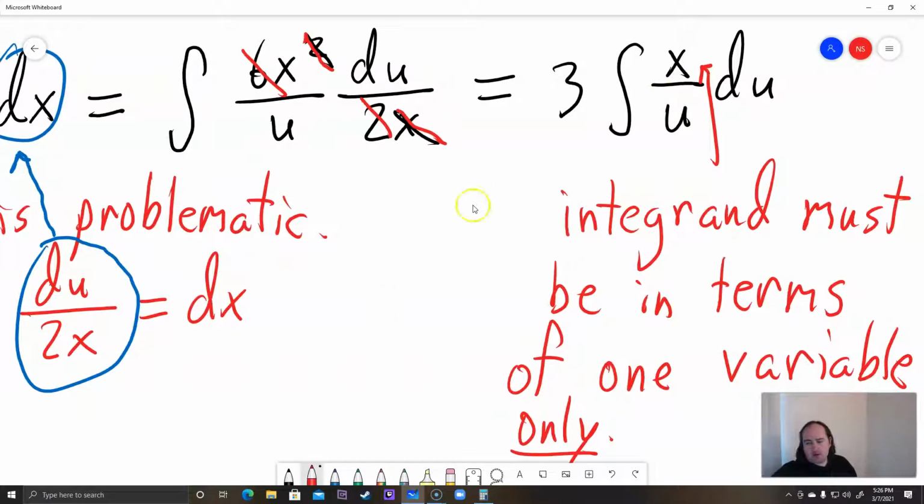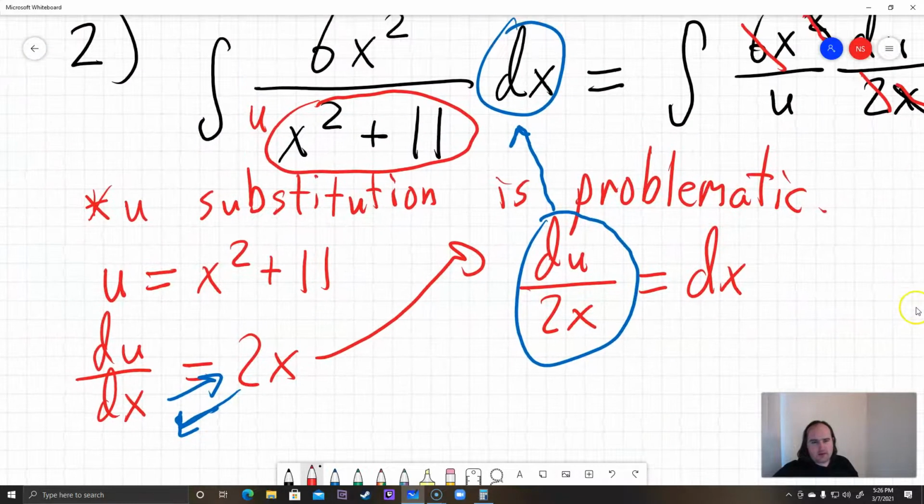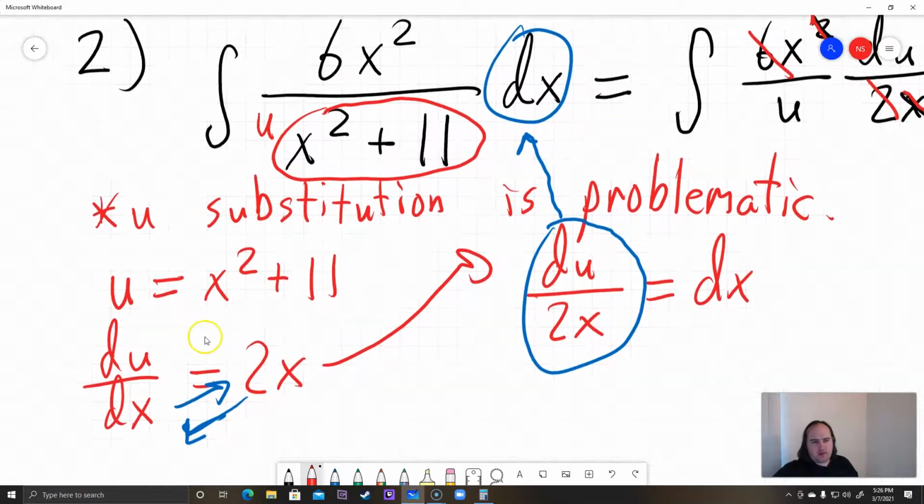Now, if you don't want to do long division, one thing you can try in a problem like this is plug in an expression for u in for x. So going back to where we said u equals x squared plus 11, we could solve for x.